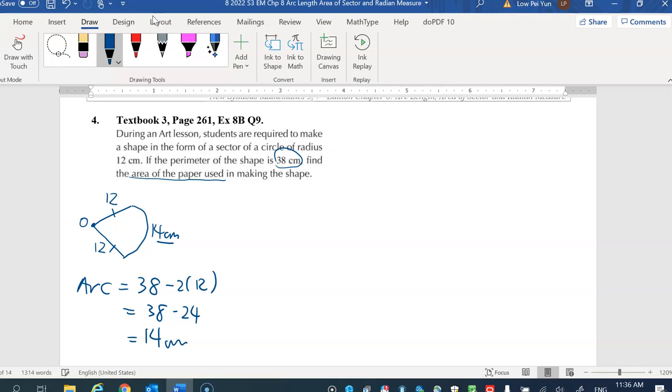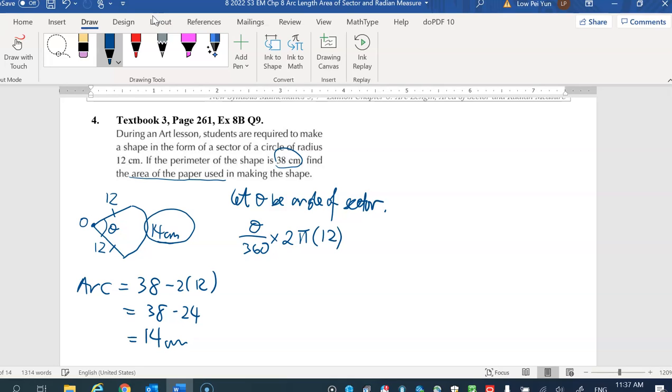Here we need to find the angle of this sector. Let theta be the angle of sector. Then we can find the area, right? In order to find this, I can make use of the arc length. Theta out of 360 times my circumference, which is 2 pi r, and in this case r is 12, must give the arc length, which I found earlier, being 14 cm.